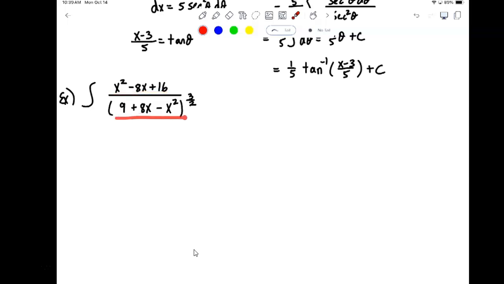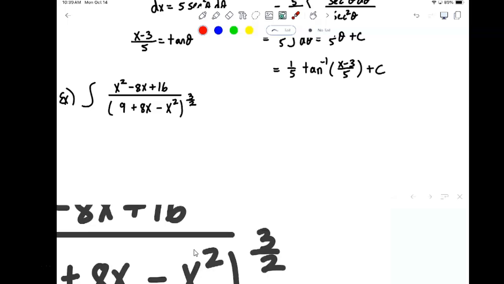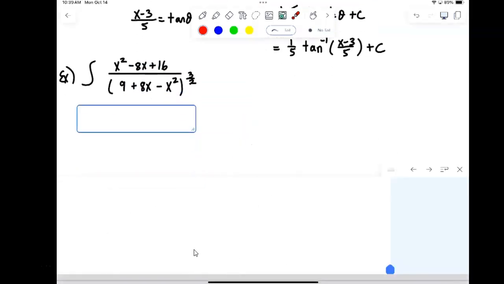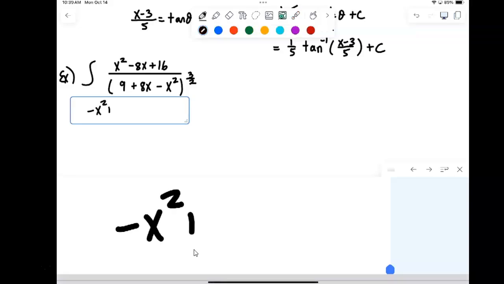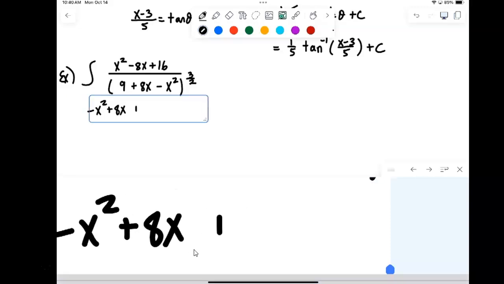So I see this quantity inside here, and I think, well, let's try to complete the square with that. Rewriting that so that the x squared comes first, I'd have negative x squared plus 8x, plus 9.